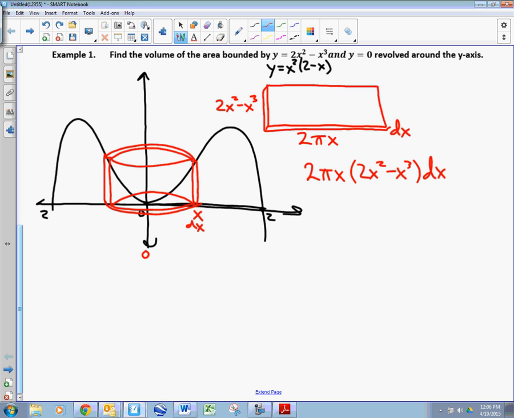I integrate 2 pi. I'll distribute my x through. 2x to the third minus x to the fourth dx.